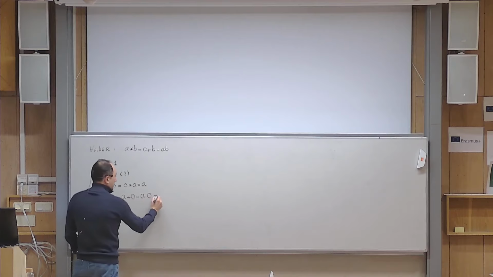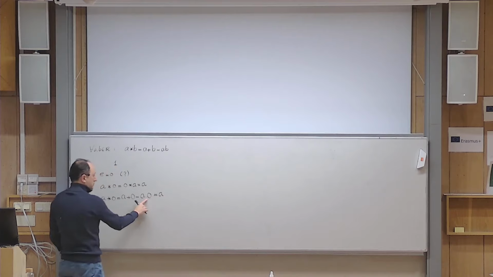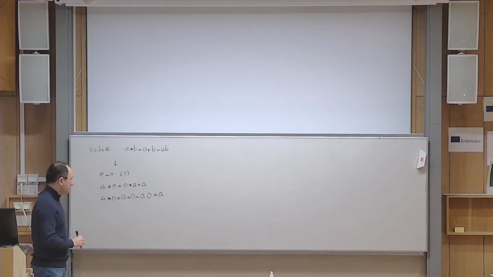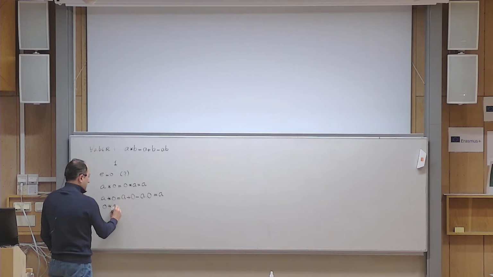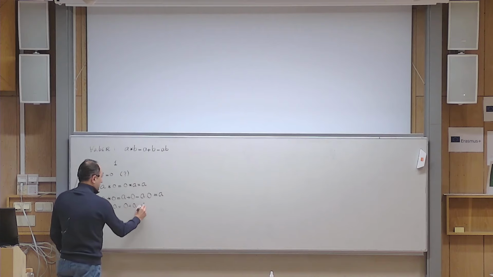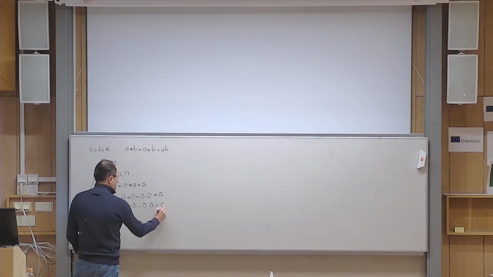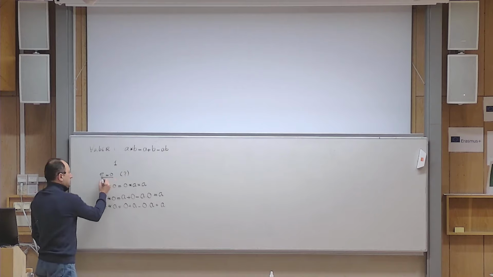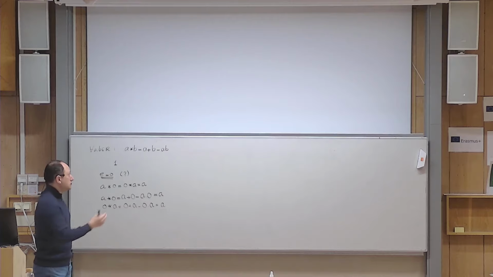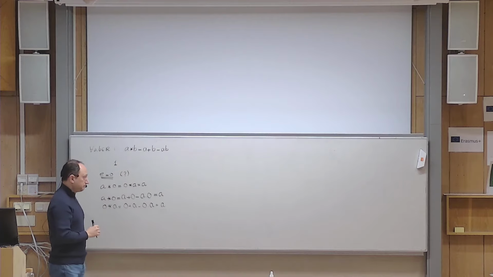But this is nothing except A itself, because that's 0, that's just A. And of course, it is also very simple to show that the other way around is also true. The first element plus the second element minus the first element times the second element also becomes simply A. So yes, E equal to 0 is indeed the identity element of this binary operation.